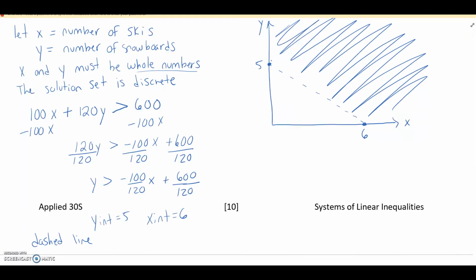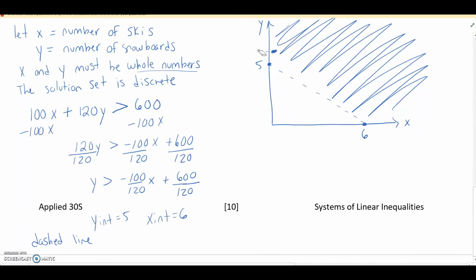And that's fine if I choose a value like this, for example, which might be 1 and 6. Okay, so that would be an x value of 1 and a y value of 6, meaning I would have one set of skis and 6 snowboards.